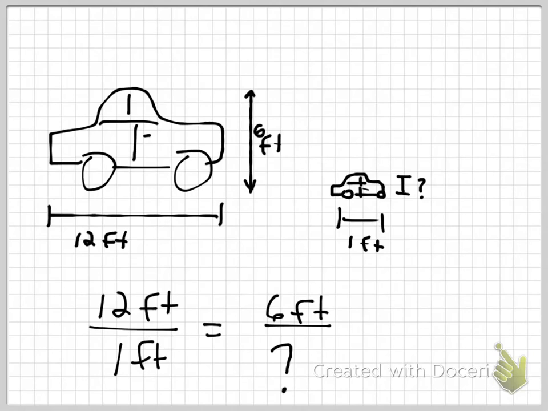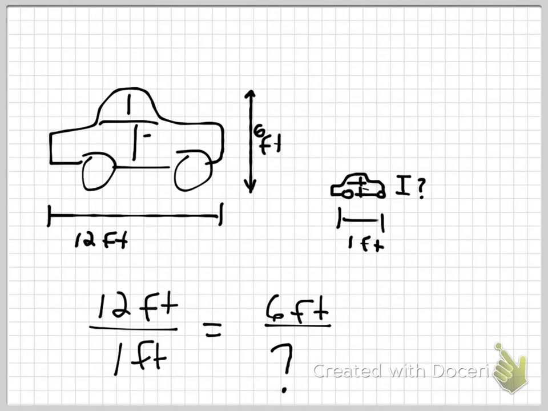You write down the scale as a fraction, as a ratio. You put an equal sign, and then you write down the part that you know and the part that you want to know. What do I know? I know that the real car is 6 feet tall. I want to know how tall the model is. Do you see how I set this up?